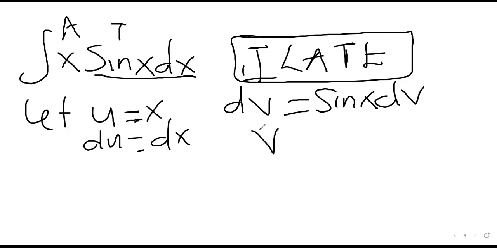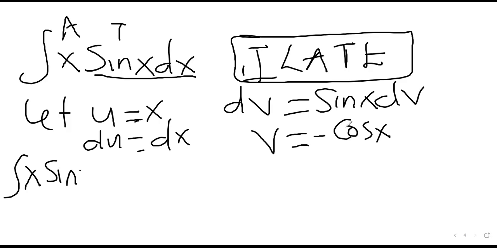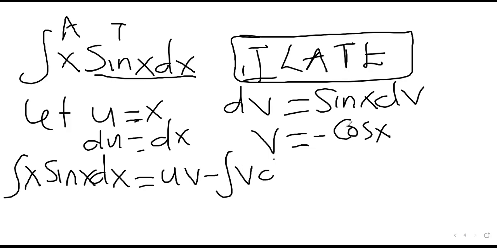So now when you integrate sine, you notice the answer is going to be negative cos x. So we have everything that is needed to find the actual value. You say the integral of x sine x dx equals uv minus the integral of v du.